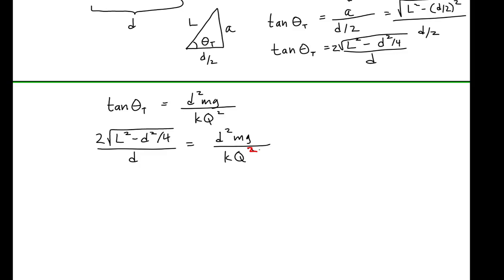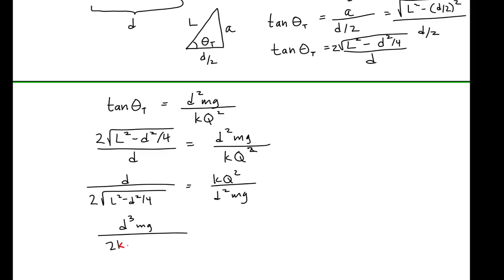So let's solve for q. I'm going to flip both sides of the equation. I am now going to isolate q. And now that I've isolated q, we just have to take the square root of both sides.